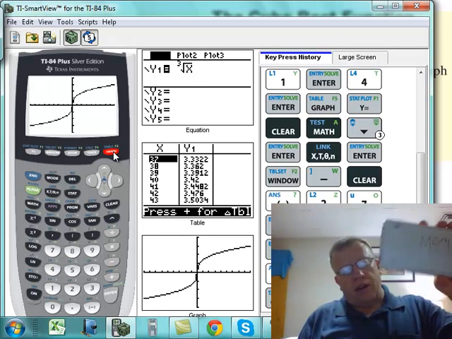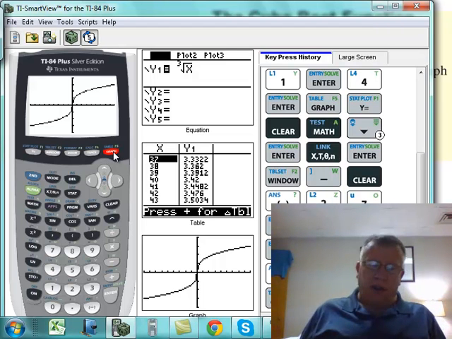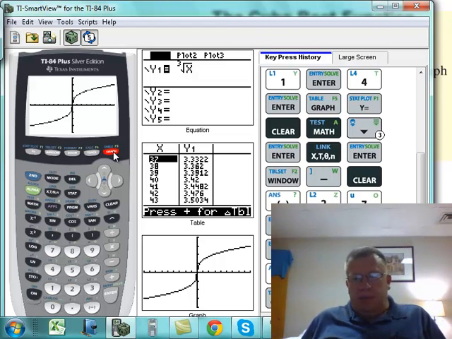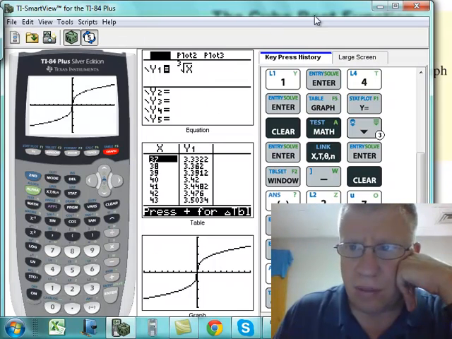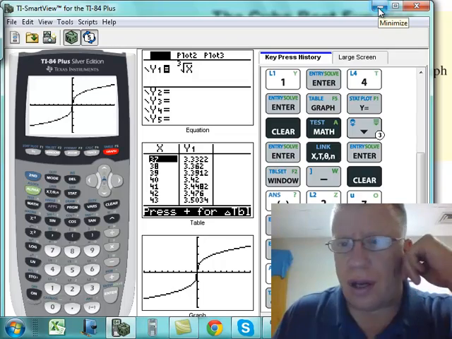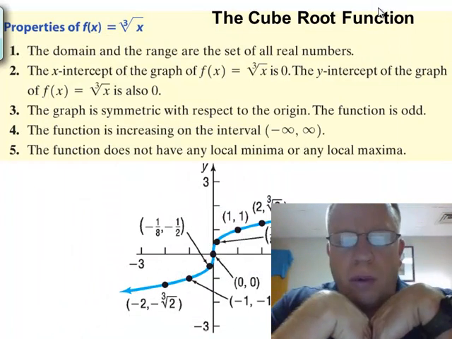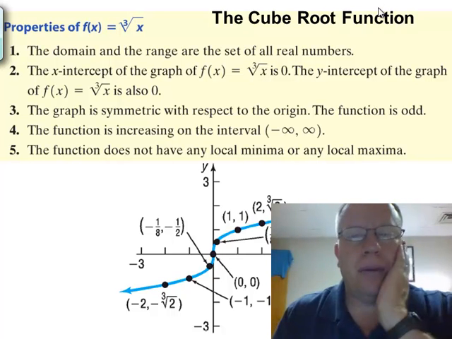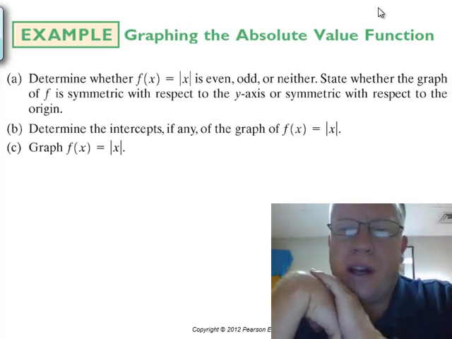In fact, the graph of the cube root function is just like the graph of the cube function because they happen to be basically inverse functions of each other. And later in the semester, we'll talk about the relationships between functions and their inverses with respect to their graphs, okay? All right, now let's talk about our next function, the absolute value function.